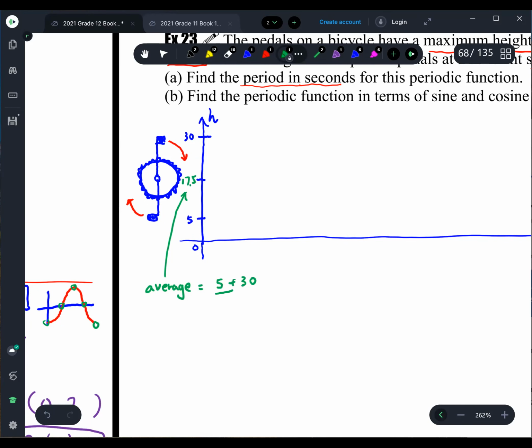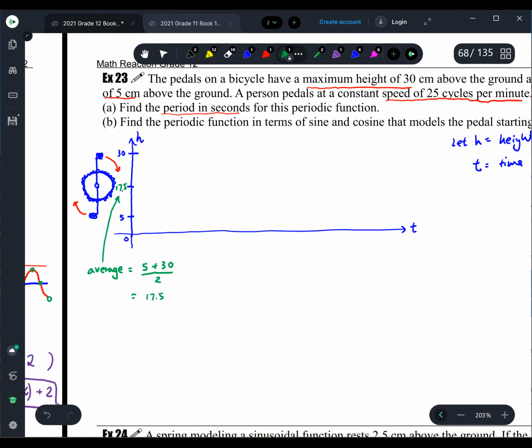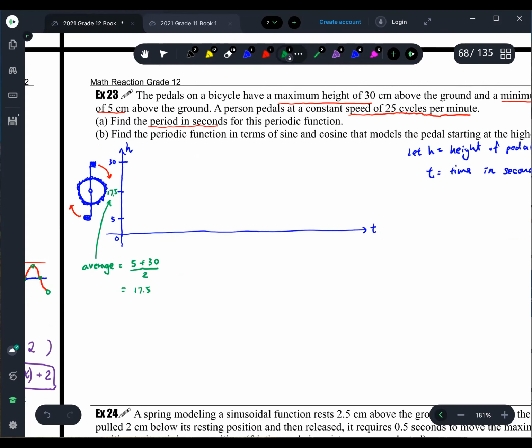You want to find the average between the 2 tests. So 5 plus 30 is 35. Divide by 2, gives you 17.5. That's going to give you the middle number. All right, so that's important because we need that to draw the new x-axis.